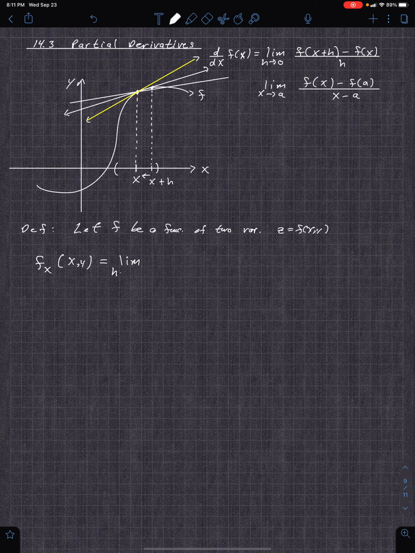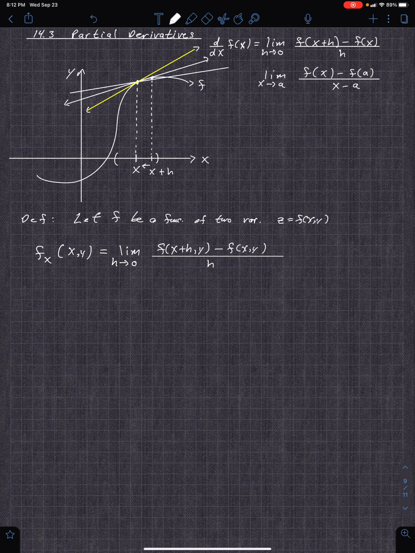as h approaches 0 of f of x plus h, just like above, and then it's just comma y, minus f of xy all over h.